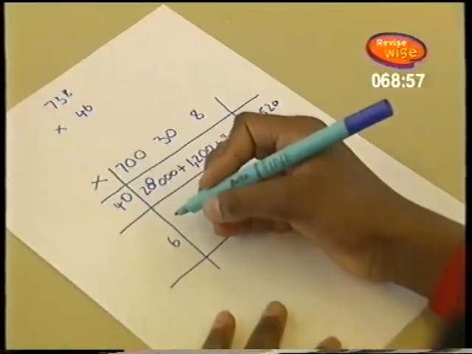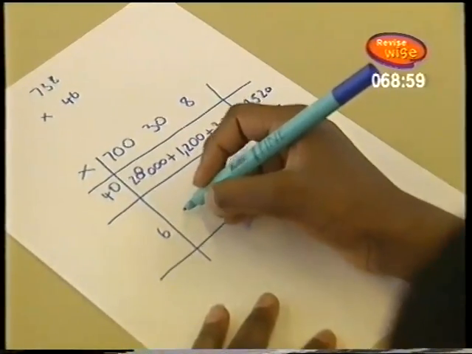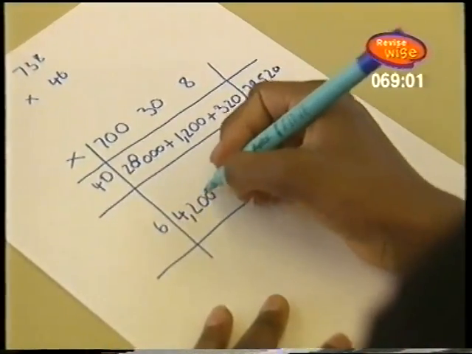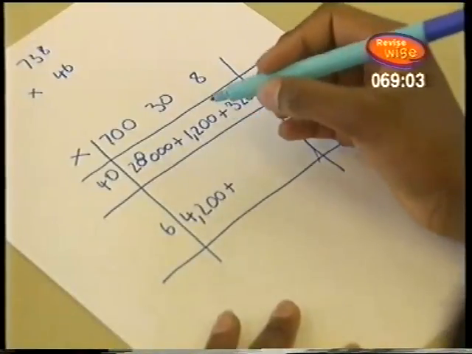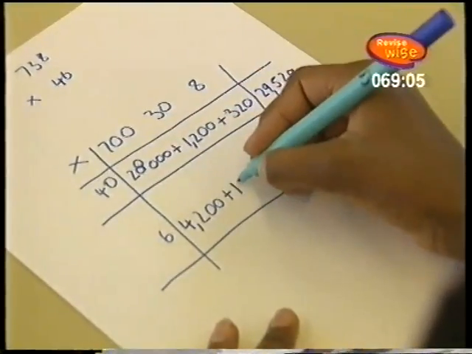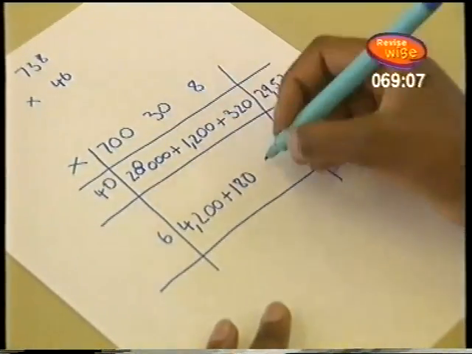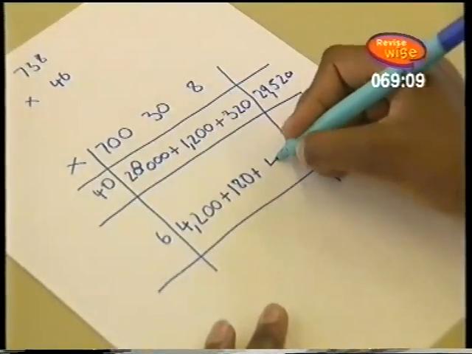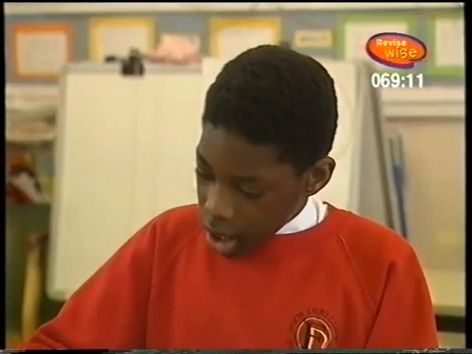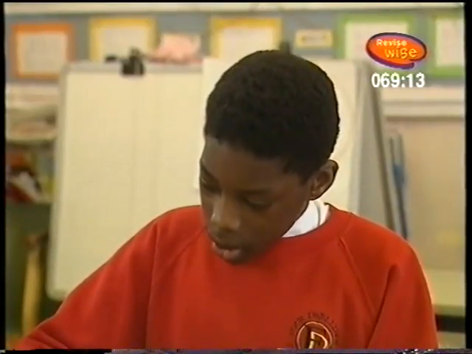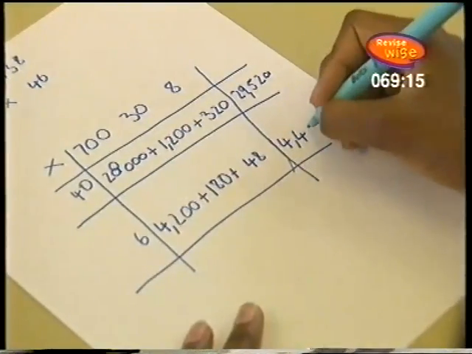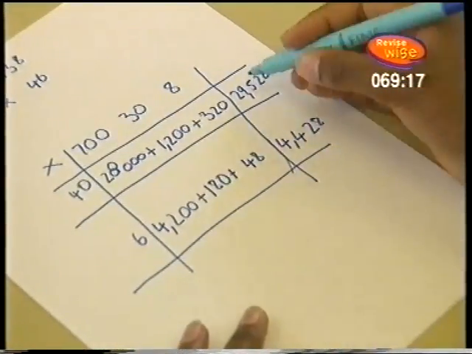29,520. I'm going to do 6 times 700, which equals 4,200. 6 times 30 equals 180. 6 times 8 equals 48. Add those all together and it equals 4,428.